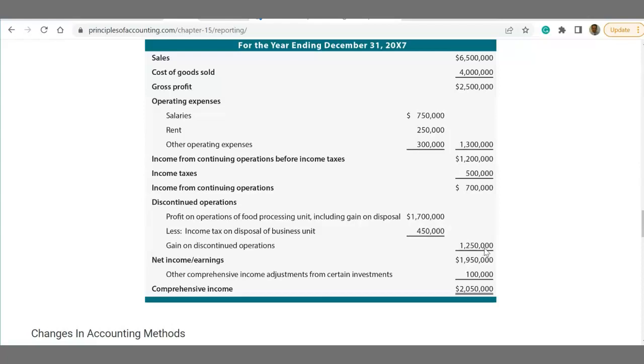Gain on discontinued operation net of tax is 1250, and 1250 plus 700, that's 1950. That's net income. And then below net income, you have other comprehensive income adjustments from certain investments. Those are investments available for sale, let's say.